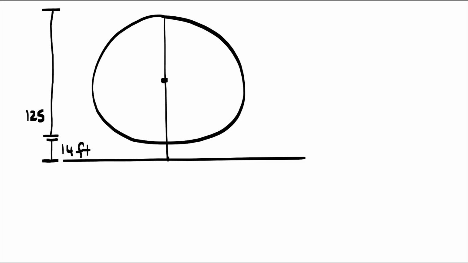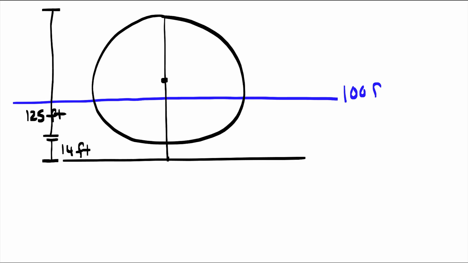Sorry, it should be 250 for the whole thing. And so the middle point is going to be 139. So we want to know when a certain car here is going to be 100 feet high. It does say that it takes 20 seconds to complete a rotation.